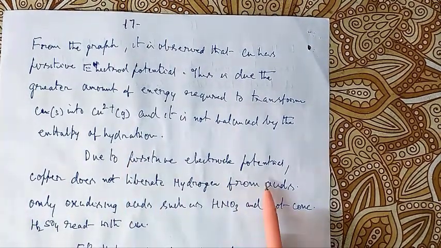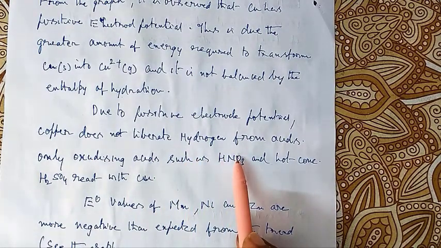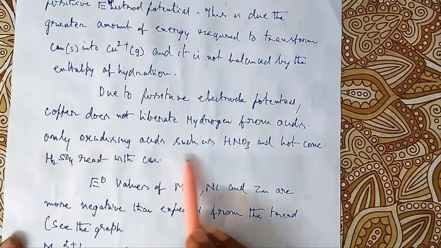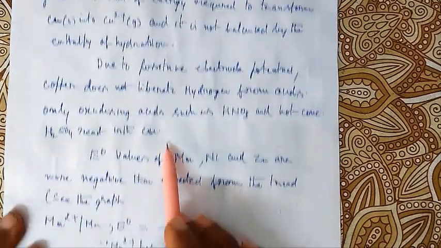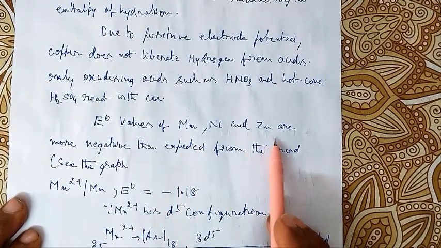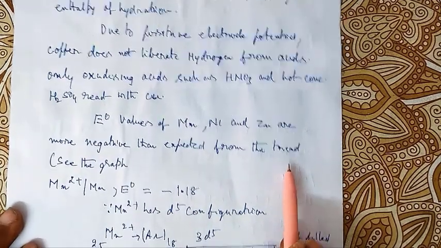Due to the positive electrode potential, copper does not liberate hydrogen from dilute acids. Only oxidizing acids such as nitric acid and hot concentrated sulfuric acid react with copper. E0 values of manganese, nickel, zinc are more negative than expected from the trend.